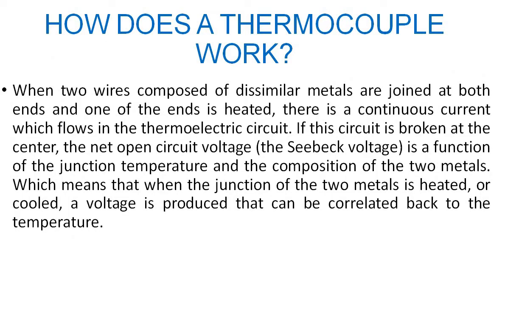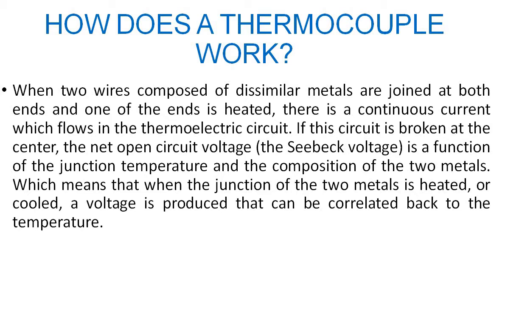Now, as the name thermocouple suggests, there is a coupling of two dissimilar metals joined at one joint, which is considered the measuring point, and another point that is considered the reference point. When two wires composed of dissimilar metals are joined at both ends and one end is heated, a continuous current flows in the thermoelectric circuit.